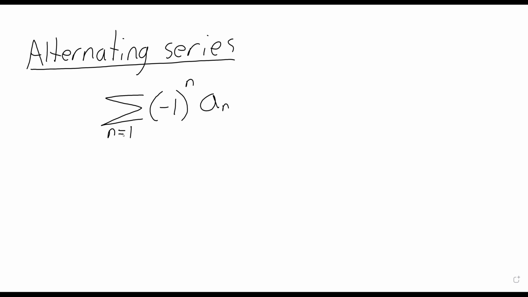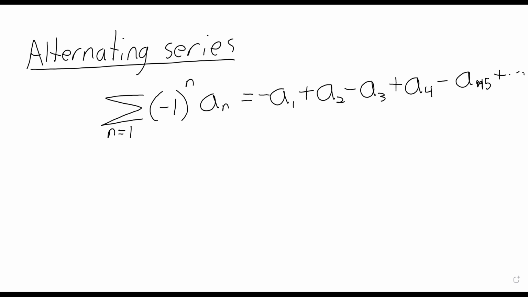So, assuming we start with n equals 1, we get an alternating series that starts with a negative term. And if we want to start with a positive term, the most common way to tweak this is to put either a -1 or a +1 in the exponent.